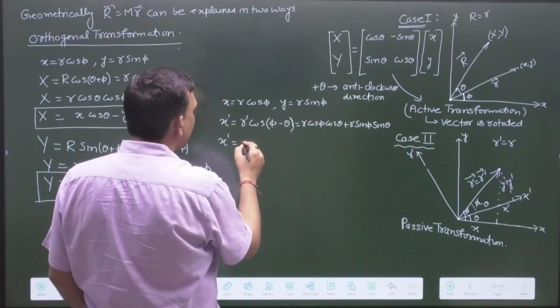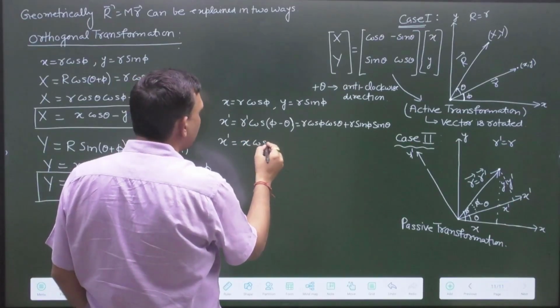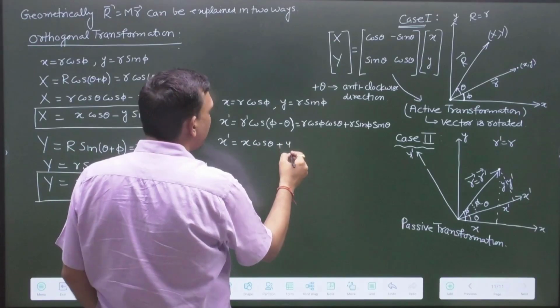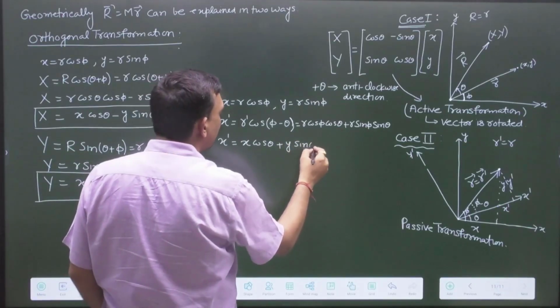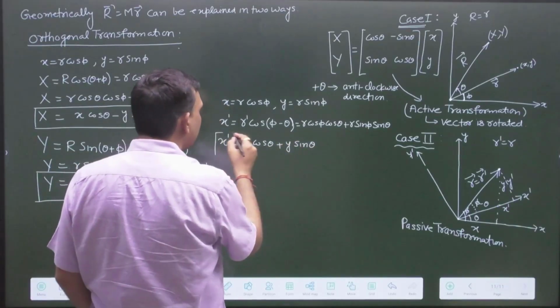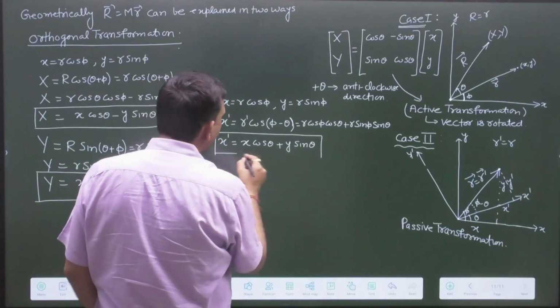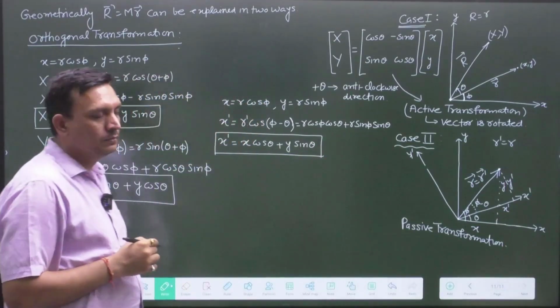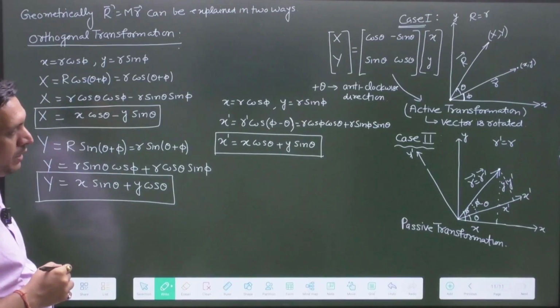This is x cos theta plus y sin theta. This will be x dash.